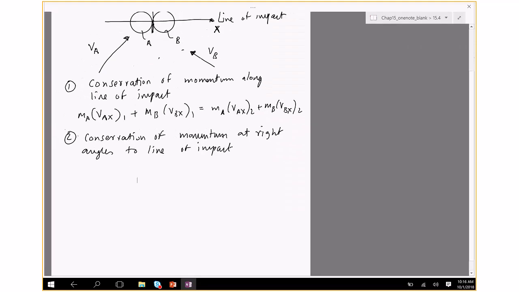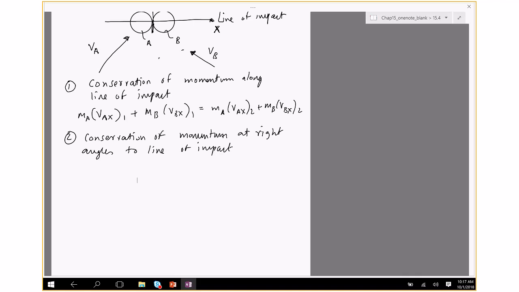We do conservation of momentum of both particles because there's an impulsive force along the line of impact. However, we assume that there's no impulsive force at right angles. It's called a frictional impulse, and we assume that's zero.